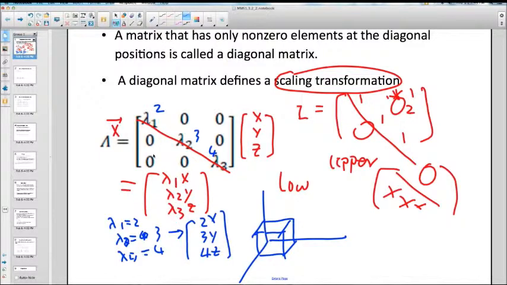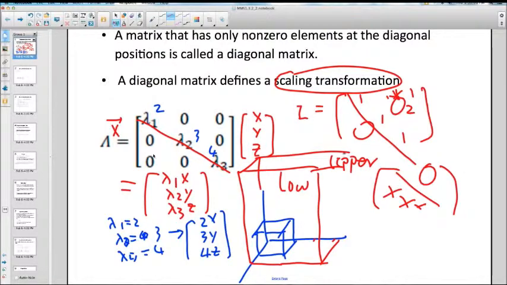So the operation will extend x 2 times to here, y 3 times to here, and z 4 times up. You're going to get a bigger rectangle. So the scaling operation is clearly represented by this diagonal matrix.